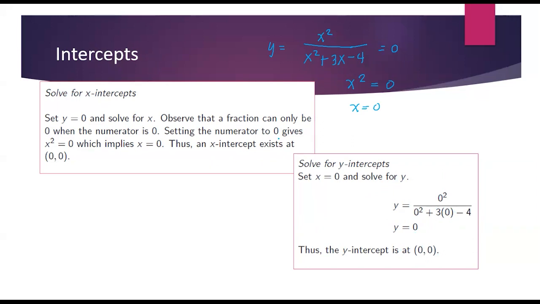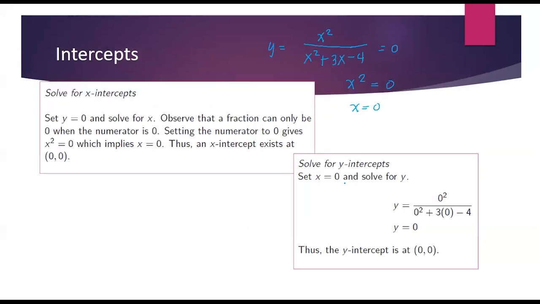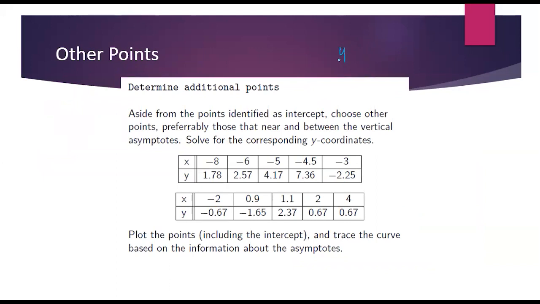And also the asymptotes that we obtained. How about considering additional points again? If you consider the points here, make sure that your denominator will not be equal to 0. Our equation here is y equals x squared over x squared plus 3x minus 4.